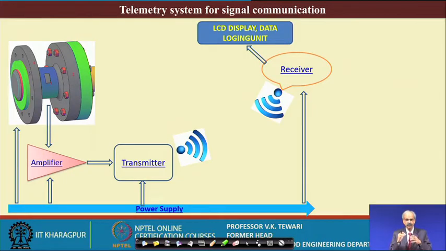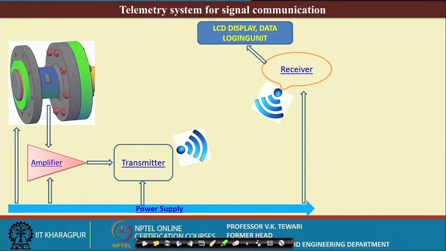People have tried on rotating shafts with slip rings and all that, but then you have to have wires connected over a long length and long duration. So, this is the beauty here, that we have not used that, and we have used a telemetry system for logging the information.